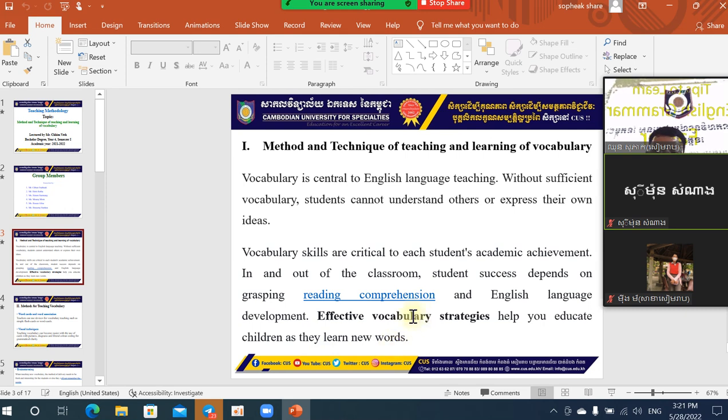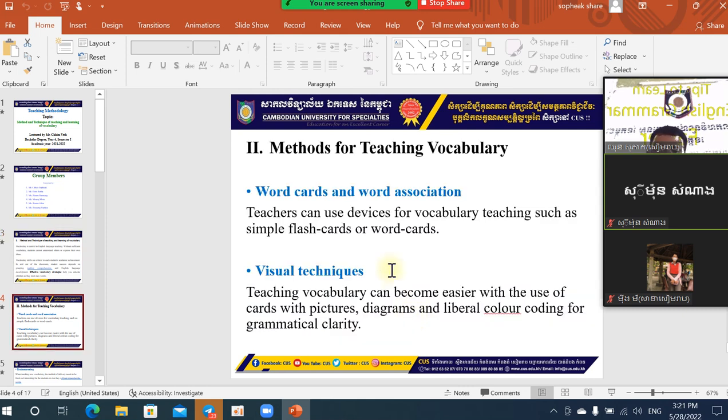Yes, all this talk is about methods and techniques of teaching and learning of vocabulary. And after this slide, the second method for teaching vocabulary. So we have 2 points. The first, word cards and word associations.